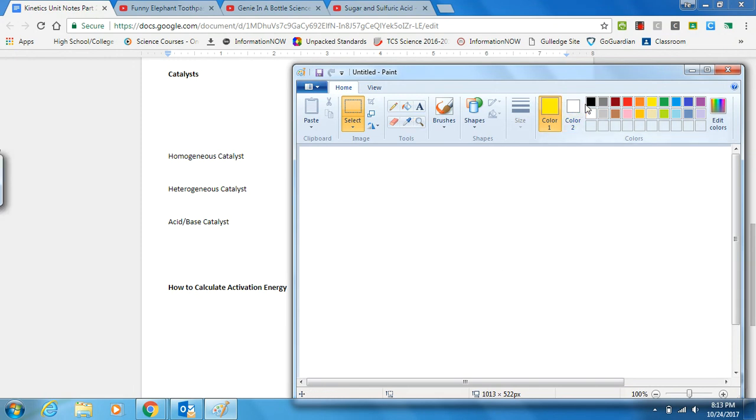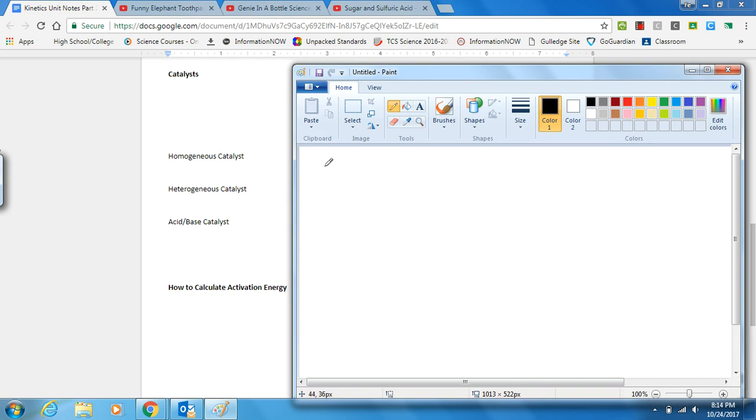Starting with a catalyst, we know that a catalyst starts as a reactant in an elementary step in a reaction mechanism, and then it is produced again at the very end, because it's not consumed, in the last elementary step.